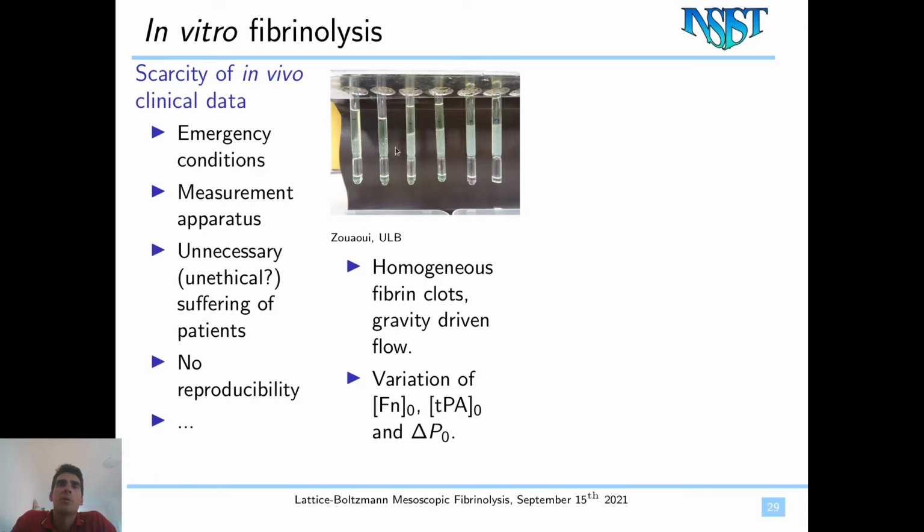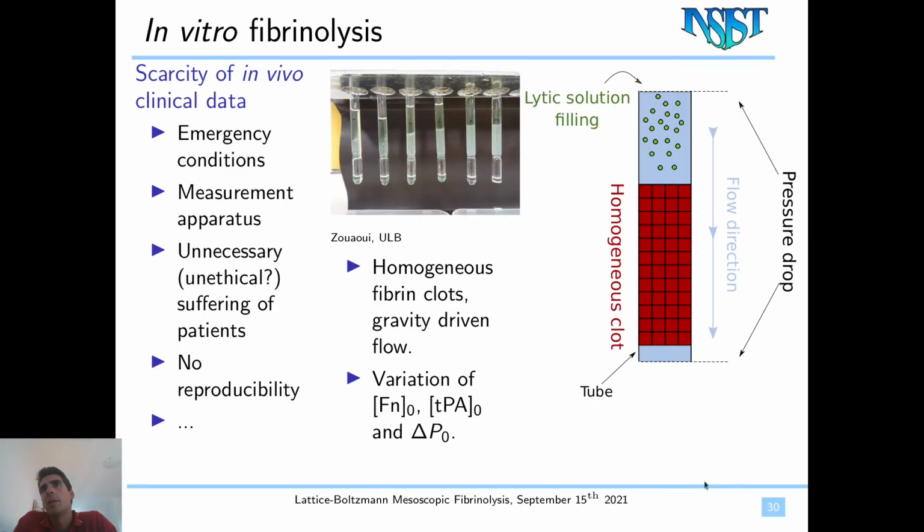So this picture is just before adding back more solution. So experiments were made with a variation of the initial concentration of fibrin, TPA, and initial pressure drop. Basically, we just added more solution to get a higher hydrostatic pressure.